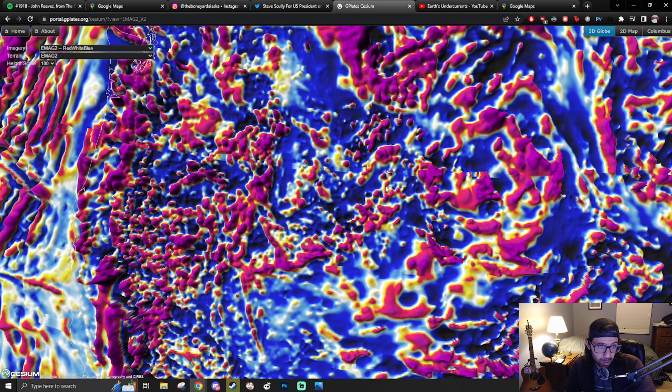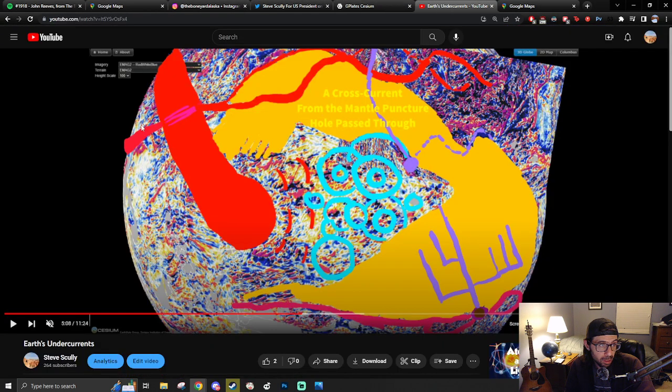Whereas right here is Yellowstone. So one of those, if not both, are being fed by this current coming from the mantle puncture hole, dividing, going upward and downward, up, down, and then rippling through the western boundary of North America.